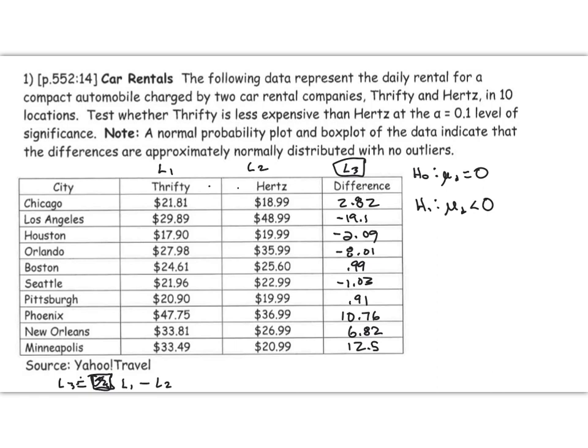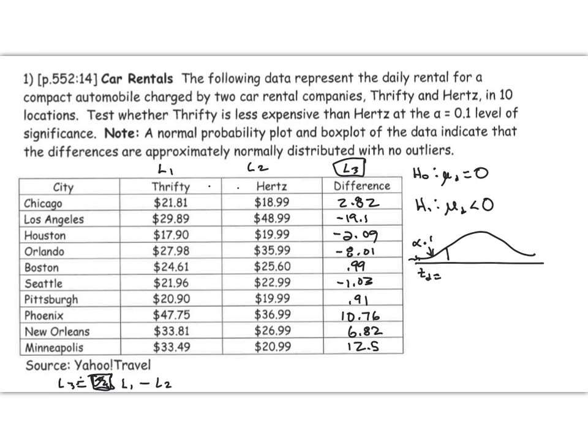Okay, now this is going to be a left tail test, and alpha is 0.1. That's a big alpha, but I guess that's because car rental data really isn't that important. To find the t-score for t alpha, I'm going to go to inverse t. 10% is my area, and I have 9 degrees of freedom, because there's 10 of each.